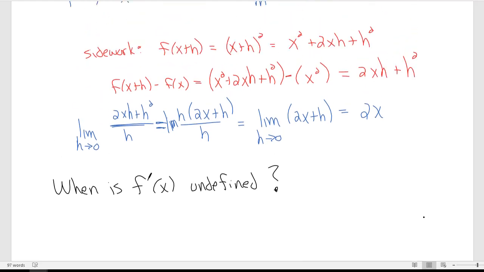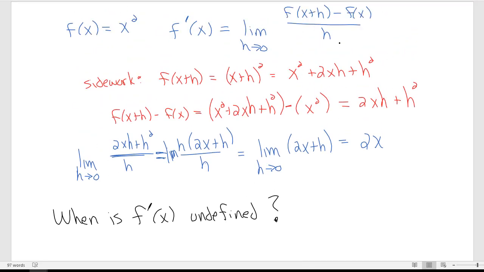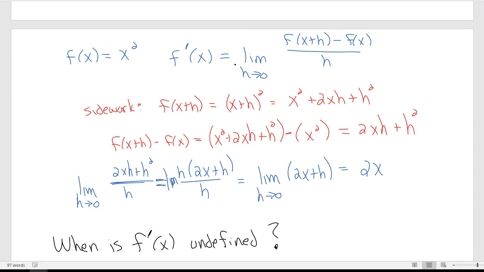Well, let me scroll back up for just a second here. And let's think about the definition of our derivative. Here's the definition of our derivative. So when is this going to be undefined? Well, the only time it's going to be undefined is really when this limit doesn't exist. Notice this is a two-sided limit. So as h approaches 0 from the left and as h approaches 0 from the right, those one-sided limits have to exist and be equal to each other for the two-sided limit to exist.